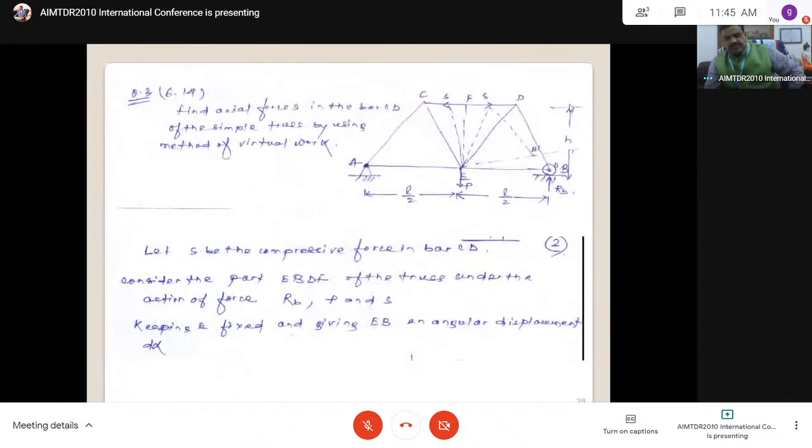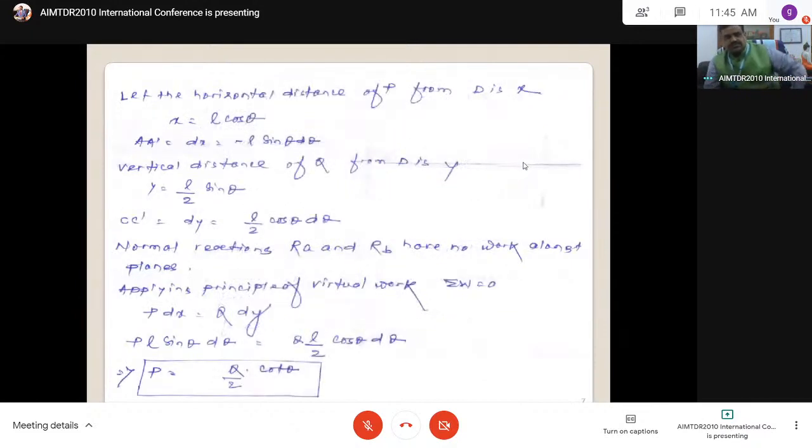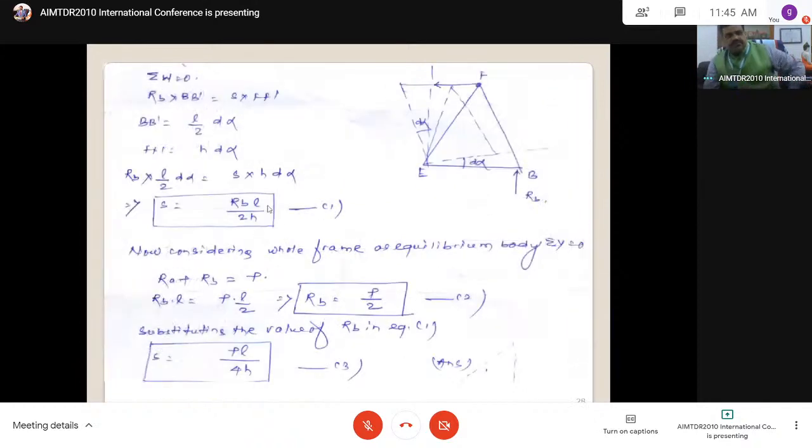This is the h, the virtual displacement. So RB into L by 2 d alpha equals S into h d alpha. If you find out, S can be represented like this.